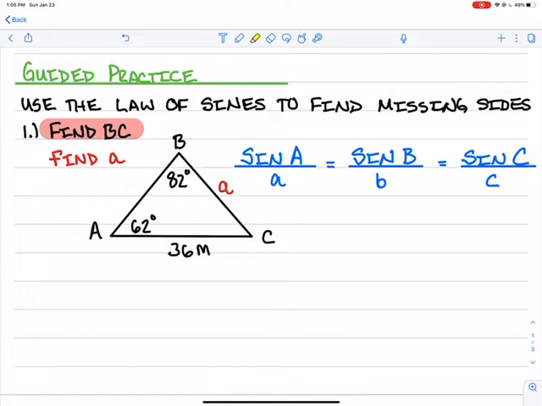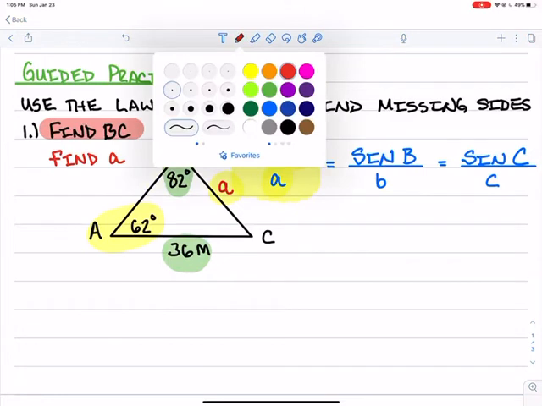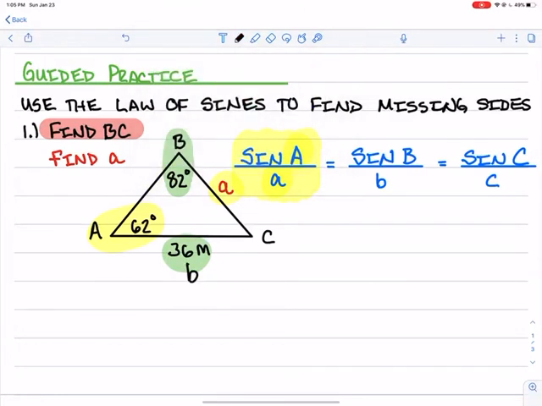I am given angle A, and I'm looking for side A. So I'm for sure going to use this chunk of that formula. And then I have angle B, and I have side B. Side B is here, across from angle B. So because I have angle B and side B, I'm also going to use this chunk of the formula. I have nothing that has anything to do with the C's. So all I'm going to do is ignore that chunk of the formula.